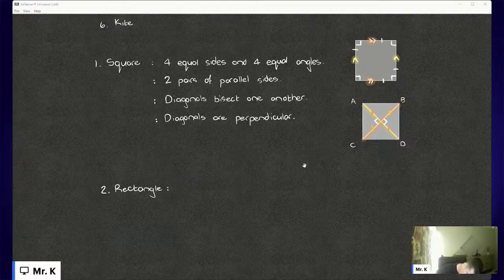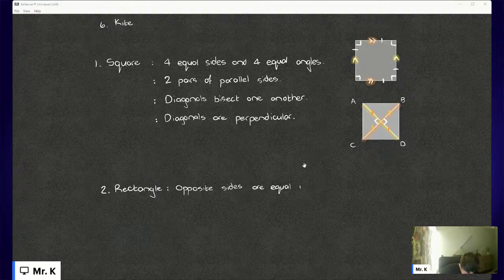we know that opposite sides are equal in length. So the left-hand side is equal to the right-hand side, and the top is equal to the bottom side. Opposite sides are equal in length.